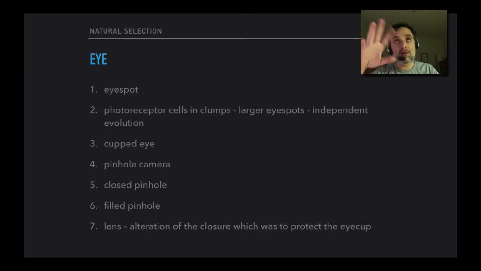So you have an organism that's in water, and it has an eye spot. An eye spot is just a group of cells called photoreceptors that are light sensitive.